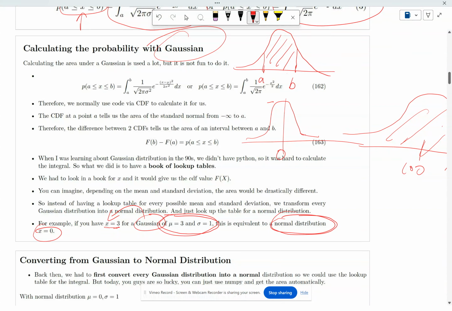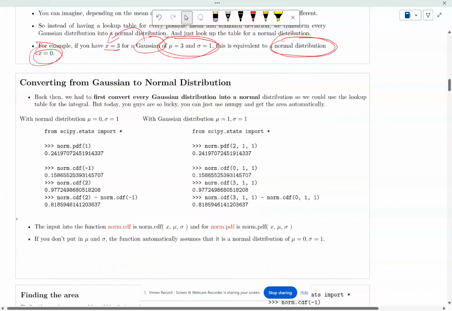And when we say equivalent, we're talking about the area, right? The area, CDF, will be equivalent, as if you plug in x. So this was the idea. When we have a Gaussian distribution, we need to transform it into this normal distribution, and then we would do all the calculation.